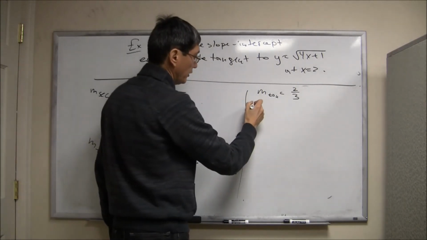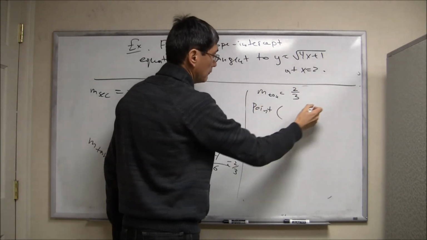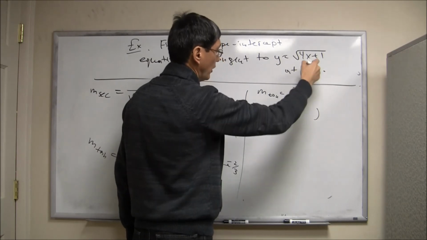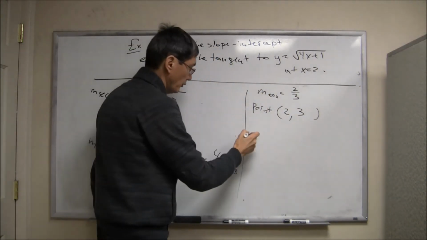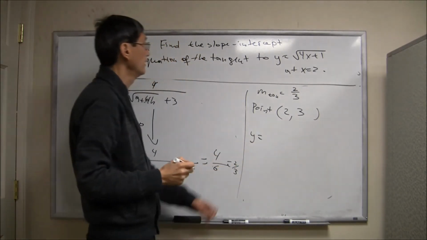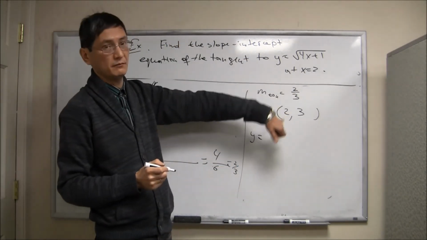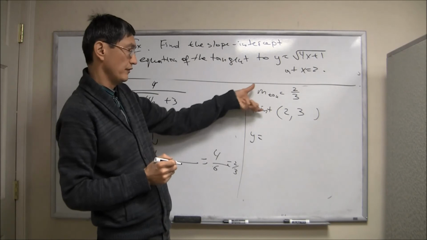If you recall, we have the point x equals 2, y equals 3. So we should be able to find the slope-intercept equation of a line with these two conditions.